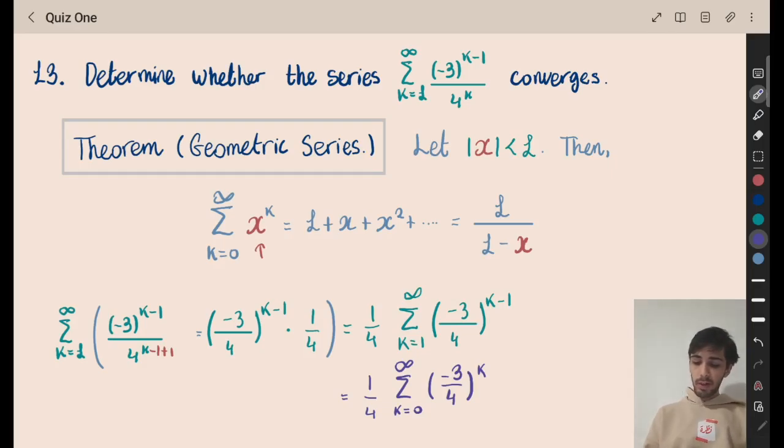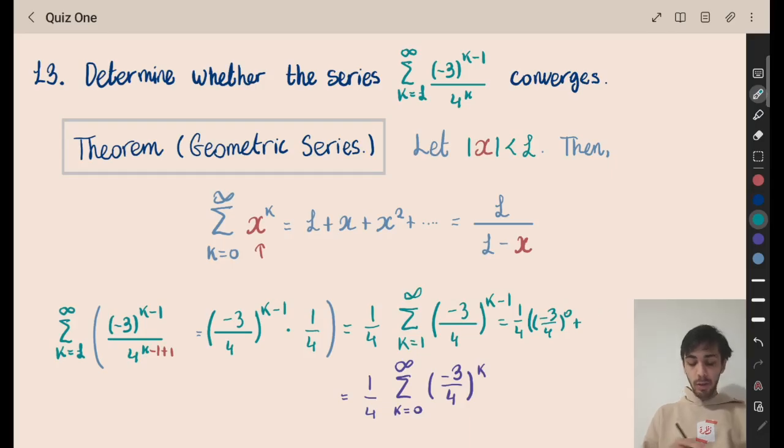And this is completely fine because if you will let me draw your attention to the first few terms that would come out of both infinite series, and I will ignore the 1/4 for the time being. Okay, maybe I will not ignore it, but the first term will be minus 3 over 4 to the power of 0.